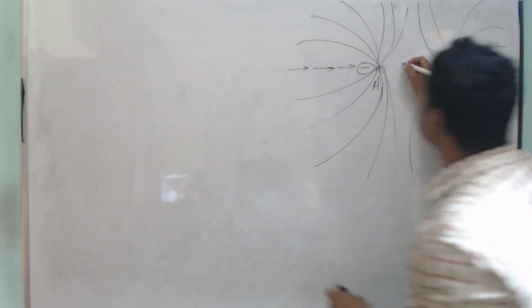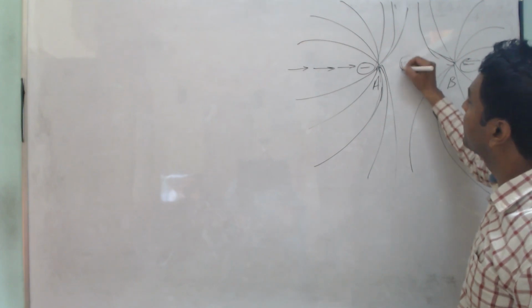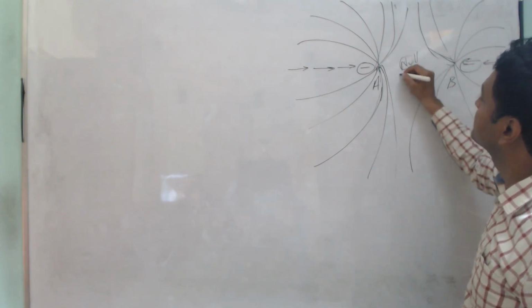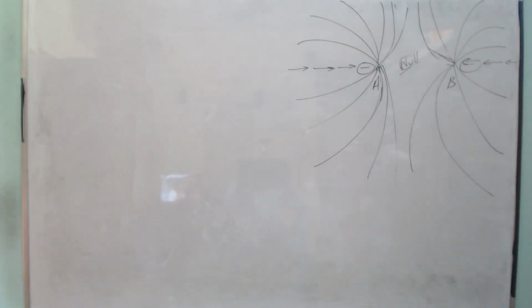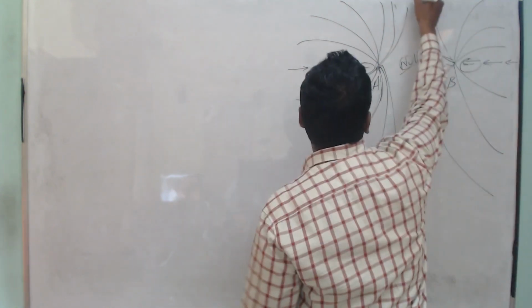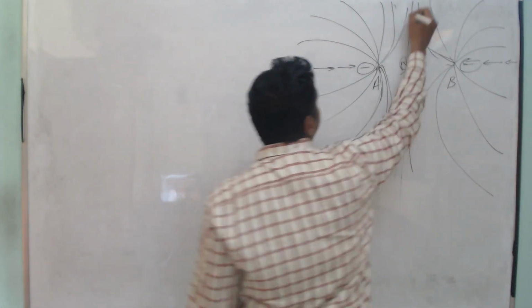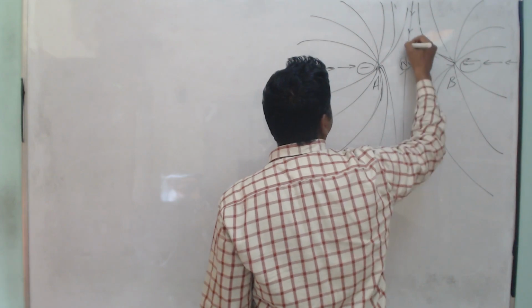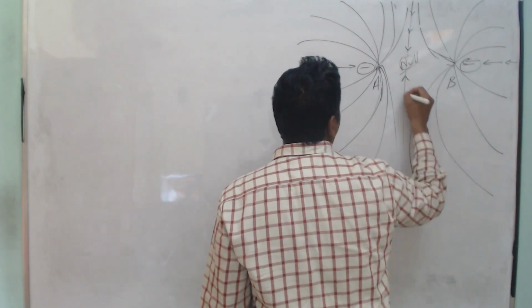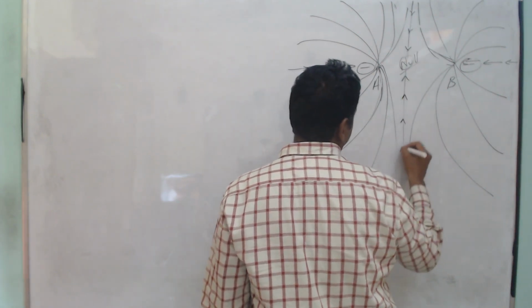Now, in this region, somewhere over here, I am not drawing anything because it is the null point, right? Where the net electric field due to both the charges is 0. And also along the line passing through that null point, it will be towards the null point. Is this clear?